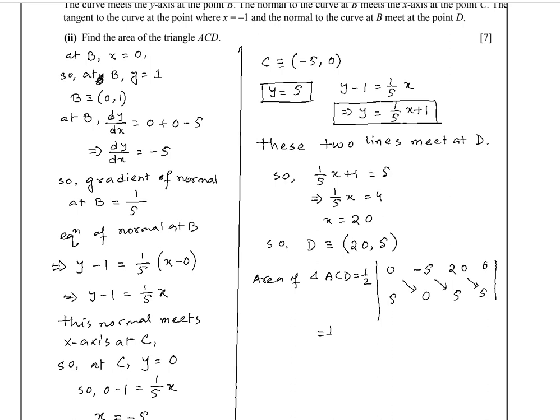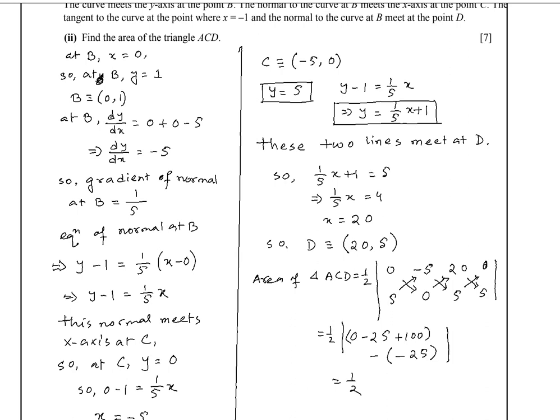So in the next line I will write half times 0 times 0, 0, minus 5 times 5, minus 25, 20 times 5, 100. So we add all of them, then I need to subtract. These arrows, these terms will be multiplied and added. So minus 5 times 5, then 0, 0, so I get only minus 25. Okay, so close the modulus sign.